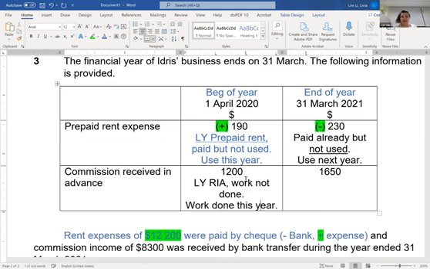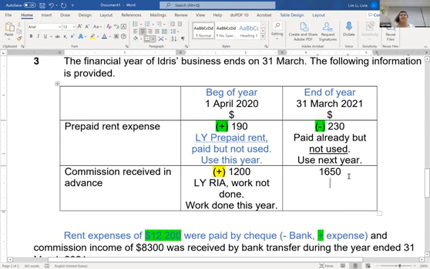I'm going to do the work this year. And since I will be doing the work this year, I will be recording a plus in front of the number. What about commission income received in advance at the end of the year?